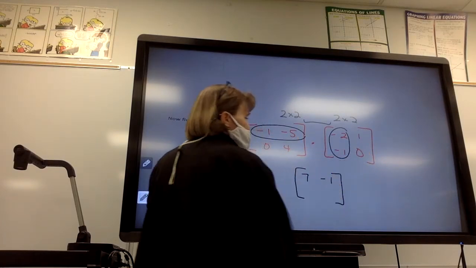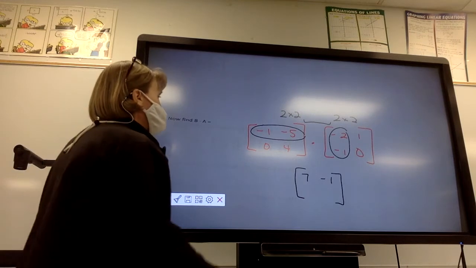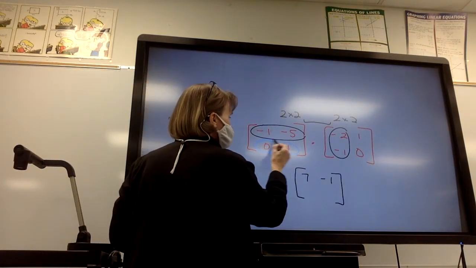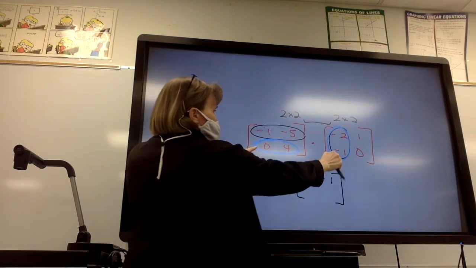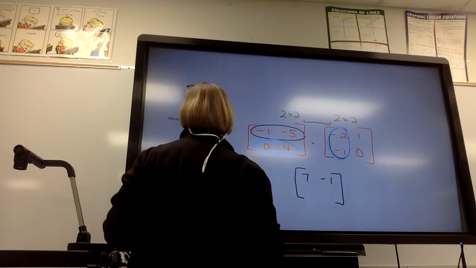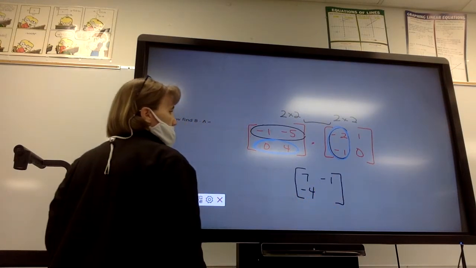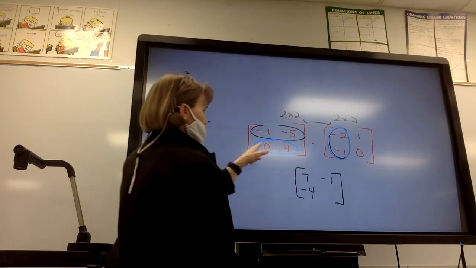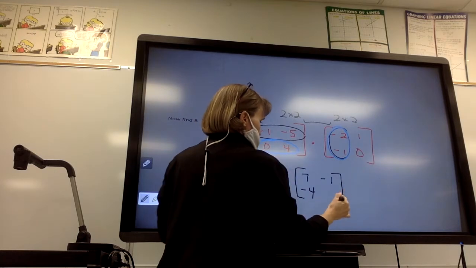It's going to be a negative 1. Now I'm going to move down to the second row, and go back to the first column. So this would be 0 plus a negative 4. Stay with the second row, but go to the second column now. So it'd be 0 plus 0.